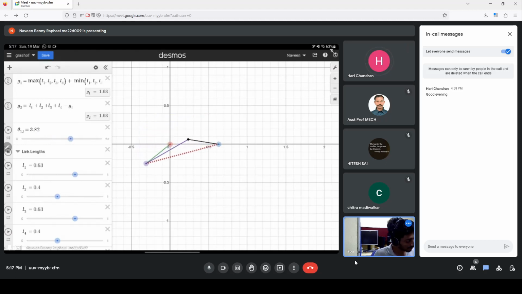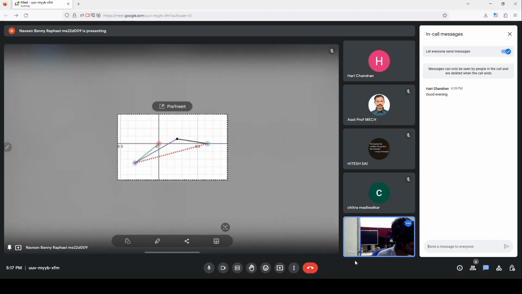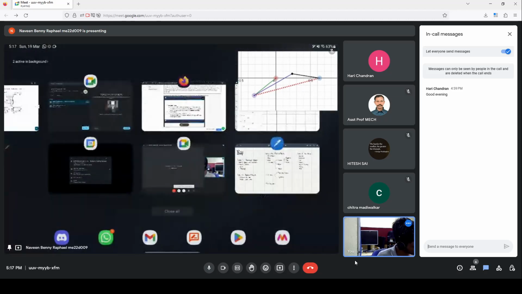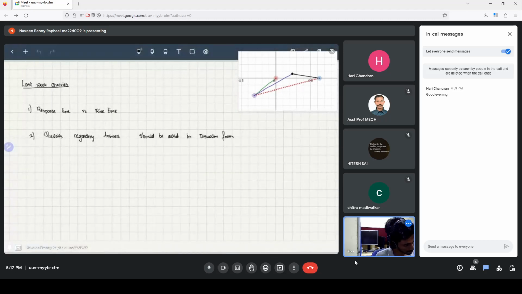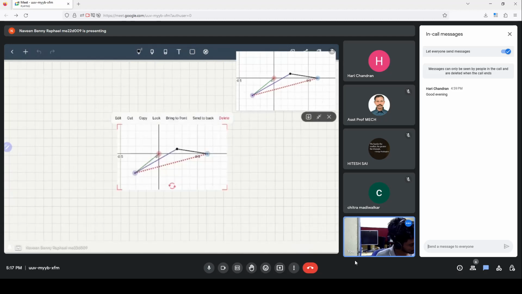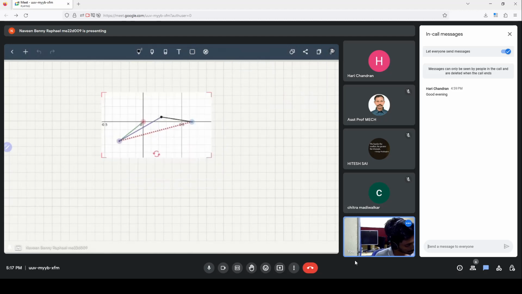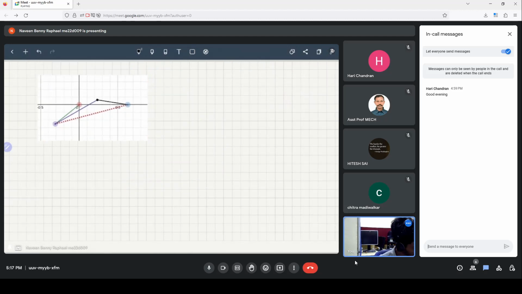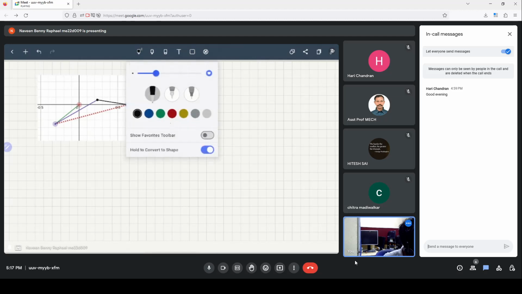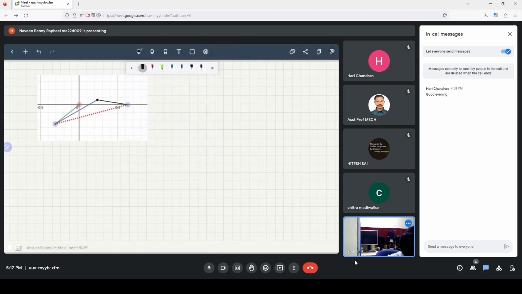Yeah, both conditions are possible. So in addition to this, another way would be, oh wait, no, just parallel to that.